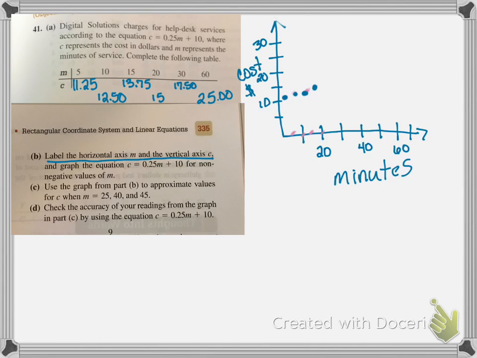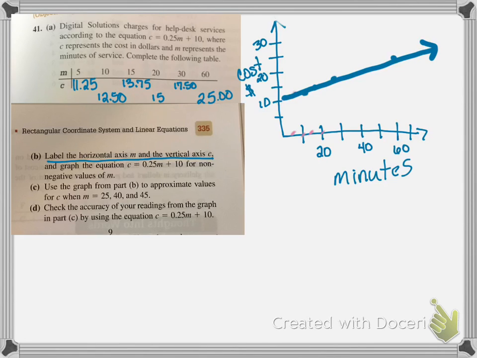Okay, 30 minutes is 17.50, so that's in between 15 and 20. And 60 minutes is 25. Okay, so here is our line. There's our line.